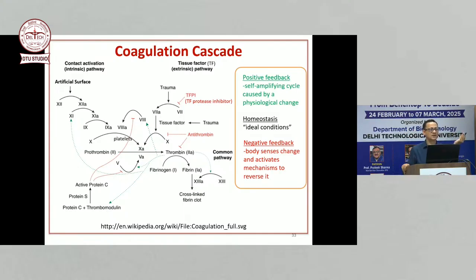That's why one way to prevent clotting on medical devices is that there are devices that have immobilized heparin on the surface, so that when blood is flowing, that immobilized heparin is preventing blood from clotting.